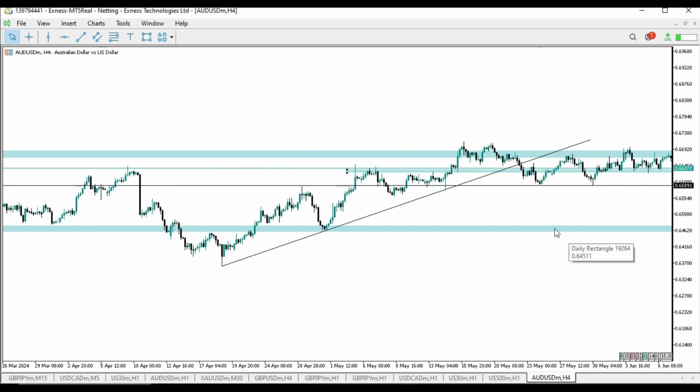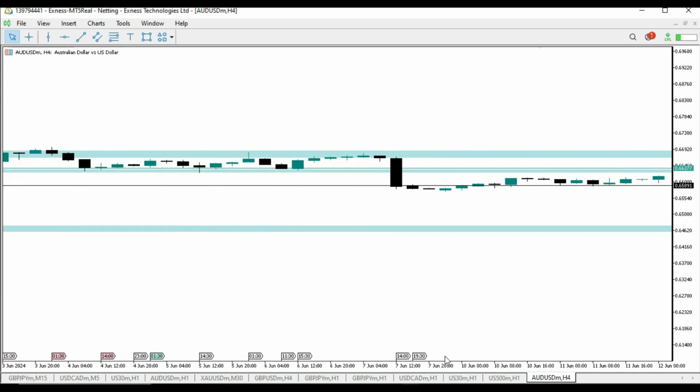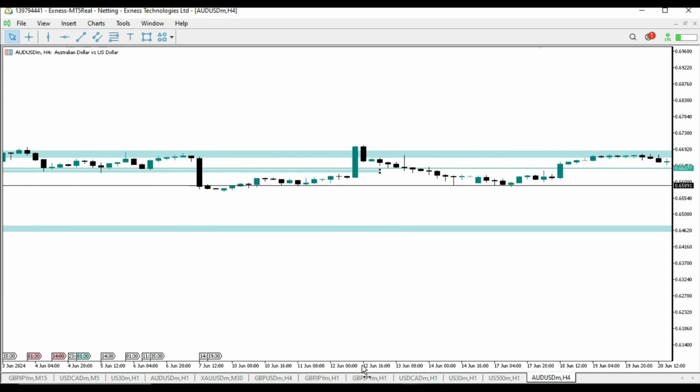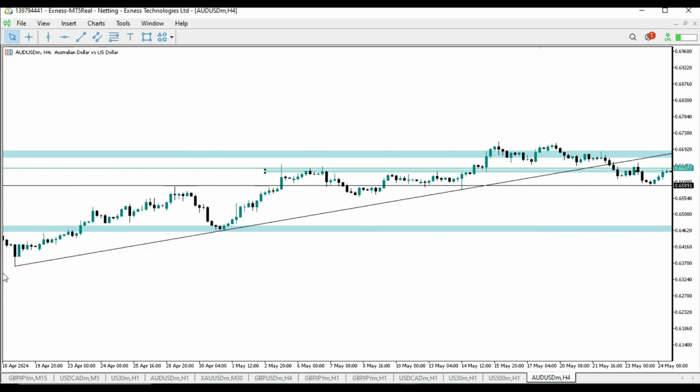You can see that there was a touch here, and a touch here. Do you understand what I mean? When the market touched here and gave us this second touch, we did not know what would happen next. So what we needed to do, give me a second, was to connect this low point here into the future and look at what the market would do when it touches this trend line.